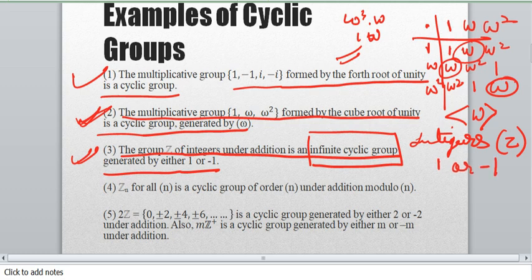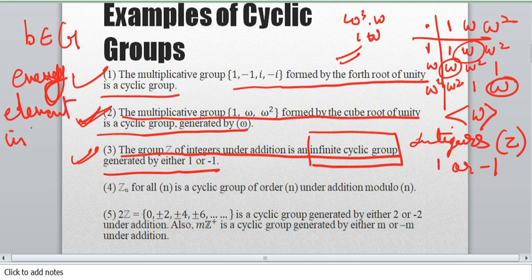In a cyclic group, there is an element b belonging to the group G such that every element of the group is a power of b. That was the definition of a cyclic group, right?